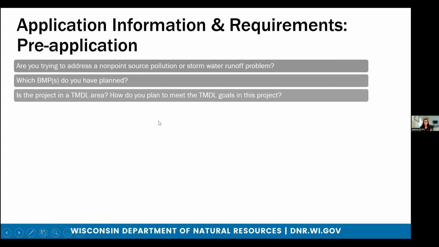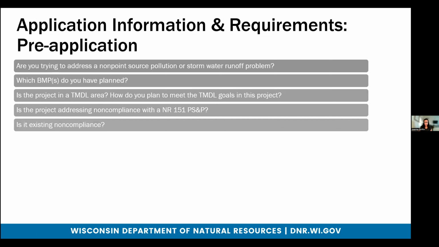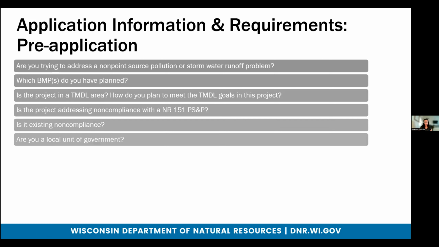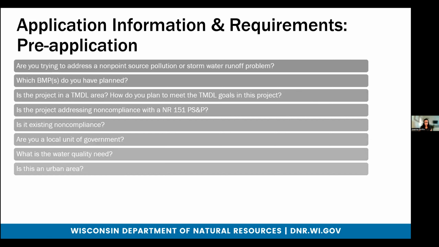Is a project in a TMDL area, and how do you plan to meet the TMDL goals in this project? Is it addressing non-compliance with an NR 151 performance standard or prohibition? Is it existing non-compliance? Are you a local unit of government? What is the water quality need?